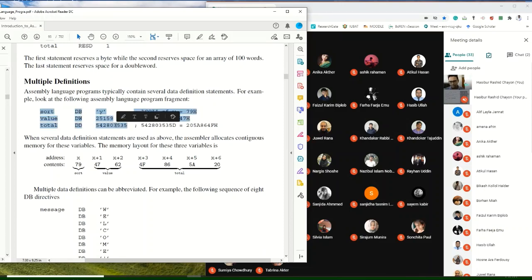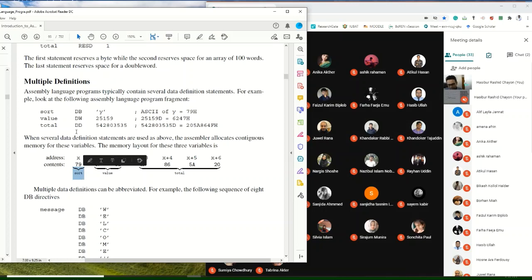The first one is byte type, the second one is word type, and the third one is double word type. So look how the value is stored into the memory. DB means 1 byte, that means the first byte. So the first byte is the variable sort. Okay, so in the first byte we store sort.